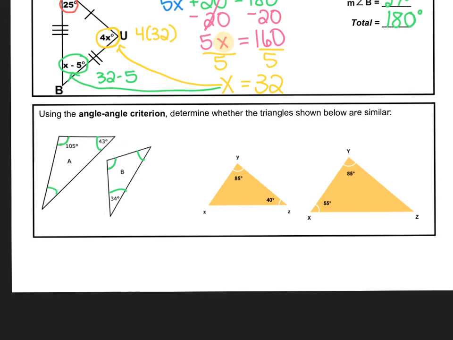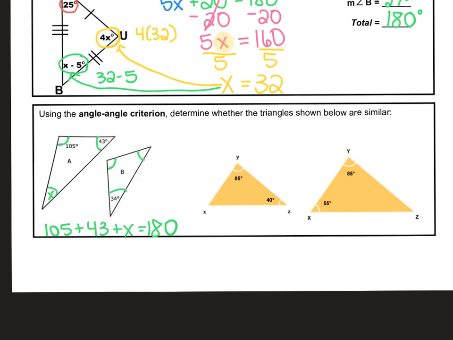So what I would do is I would take triangle A, and I would do what we've been doing at the top, and I would add up all the angles. We'll just call this X right now. 105 plus 43 plus X equals 180. What we're looking for is that angle X to be 34 degrees. If it is 34 degrees, then we know we have similar triangles.